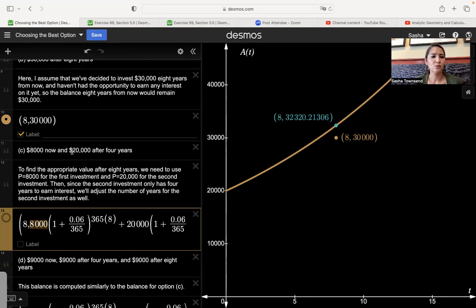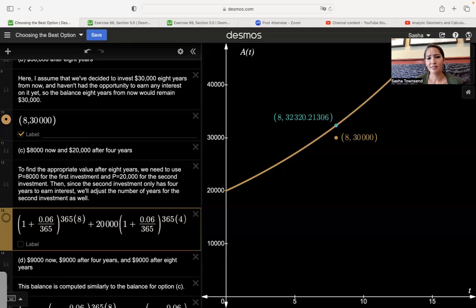And then it says $20,000 after 4 years. So then we do exactly the same base, that 1 plus the 6% divided by 365. But it only has 4 years to accumulate interest. So we raise that expression to the 365 times 4. And then here the principal amount is 20,000. So we're leaving that 20,000 alone for 4 years.